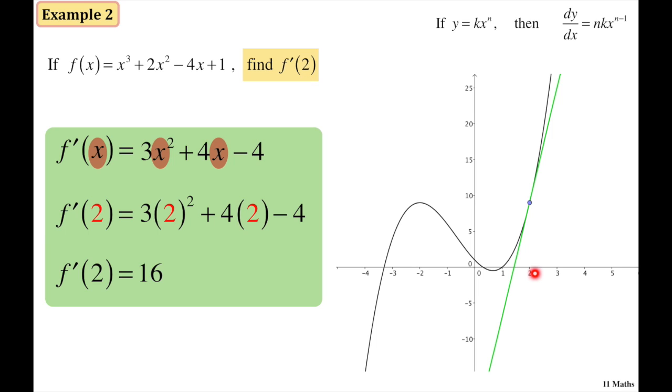Now when x is equal to 2, we go up from the x value of 2, and there's our point where x equals 2, just there. We can draw our tangent in, and that tangent, that green line, has a gradient of 16. The gradient at the point where x equals 2 is equal to 16 when we're talking about our original curve. You don't have to draw the curve every single time, that's just a representation of what we've actually done.